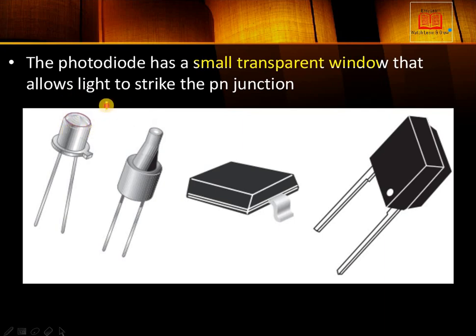A normal LED emits light, and here we shine light on the diode, and it detects the light when the light strikes the PN junction, because we want to detect with 100% accuracy. So we use better, transparent glass so that the maximum light can be detected by the PN junction.